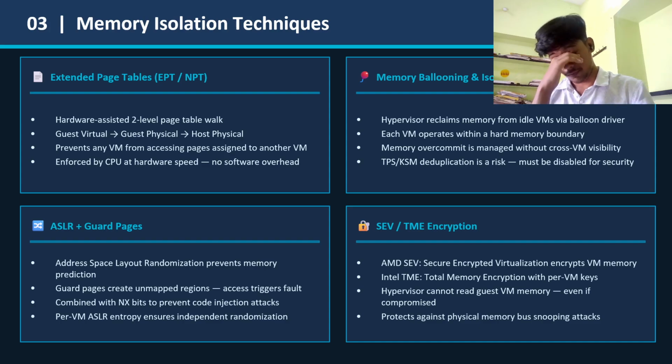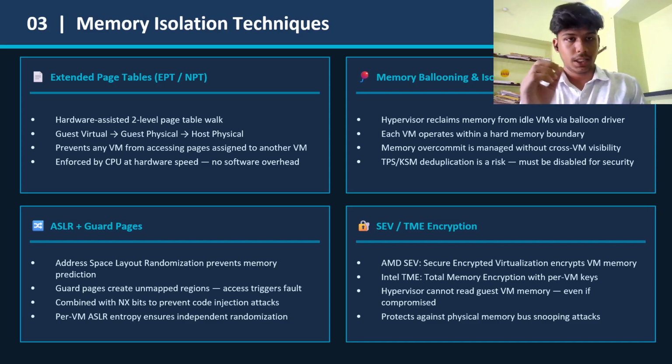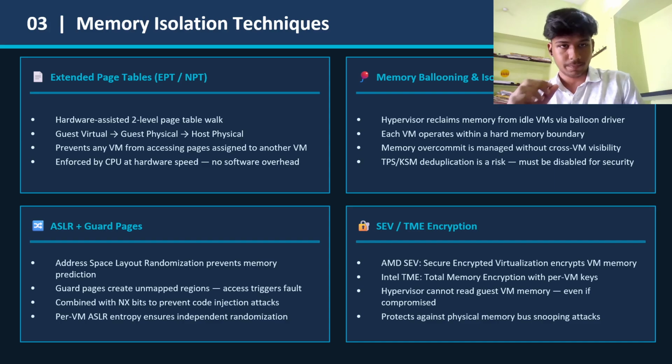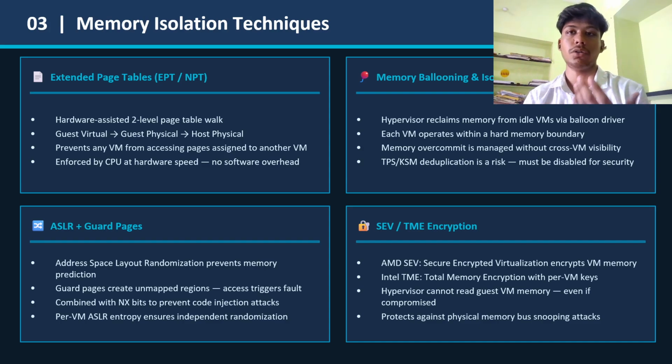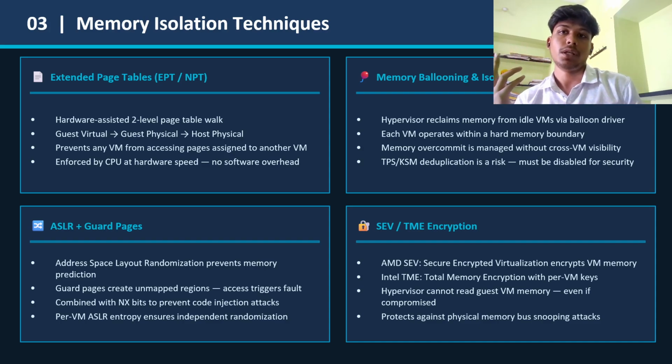This represents the fundamental shift from trusting the hypervisor to not needing to trust it. Even if the hypervisor is compromised, your VM's memory remains secure. So these are the famous memory isolation techniques used from the 2000s till today.